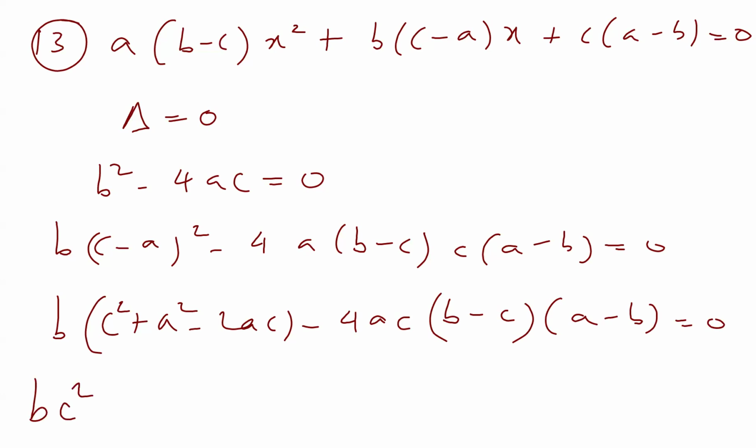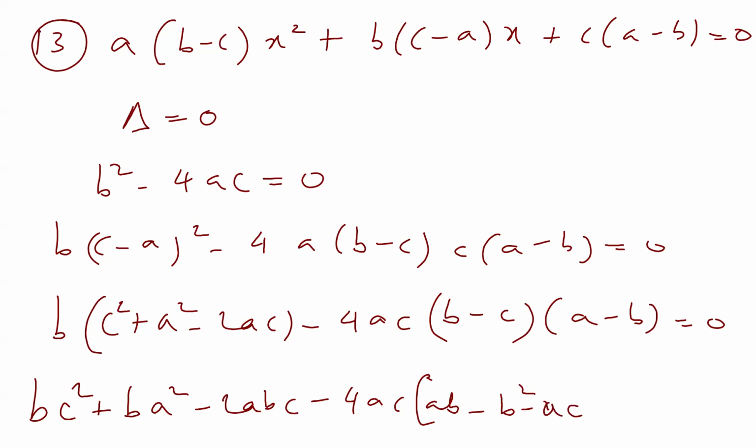So this is bc square plus ba square minus 2abc. Okay. Minus 4ac. Multiply this to round brackets. So that is ab minus b square minus ac plus bc equal to 0.